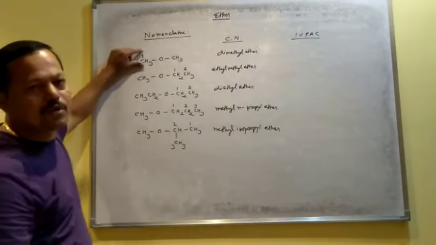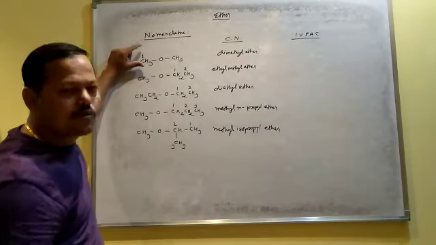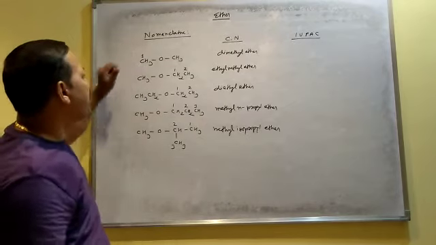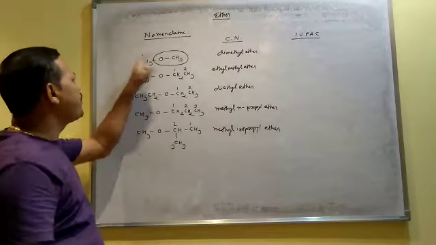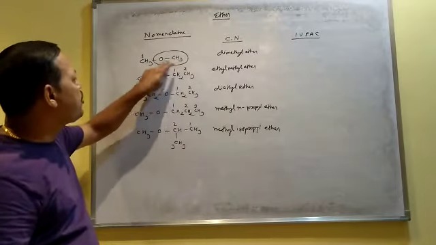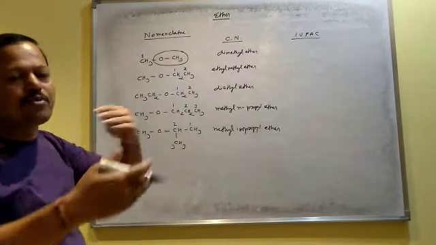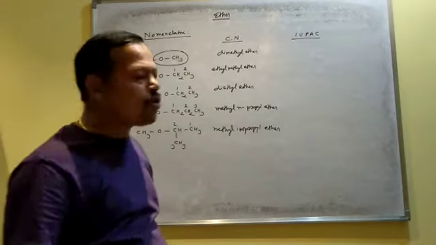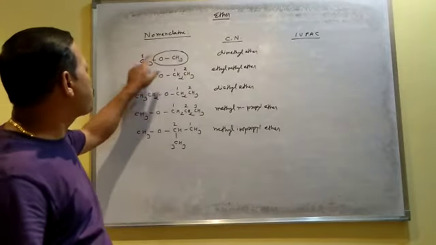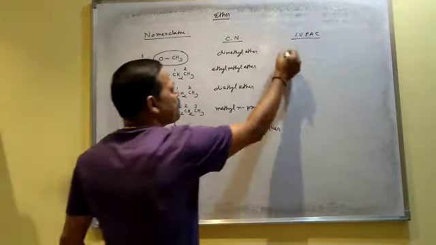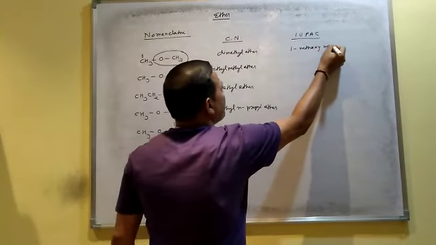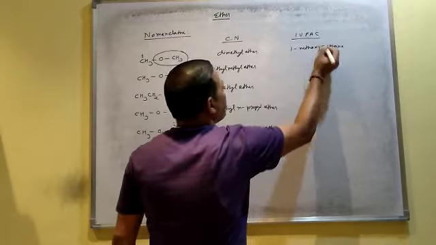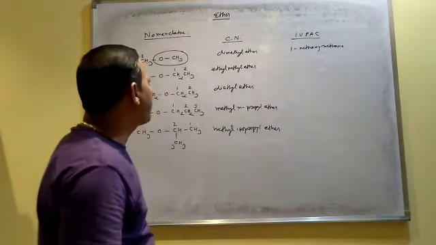So one carbon means methane, 2 carbon means ethane, you know. And this group you have to consider as the branching with number 1 carbon. This is a methyl group and this is oxygen. When a methyl group combines with oxygen, that group is called a methoxy group, and it is joined with number 1 carbon. That's why it is called 1-methoxymethane.